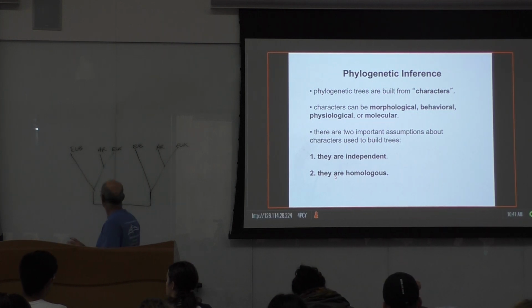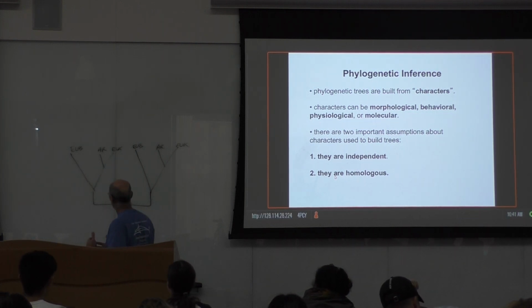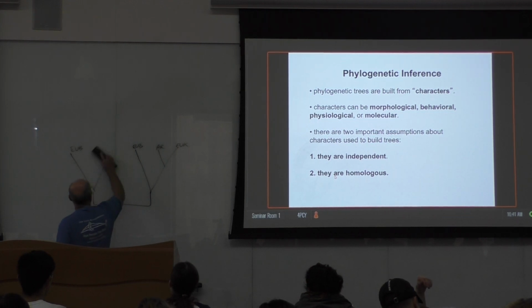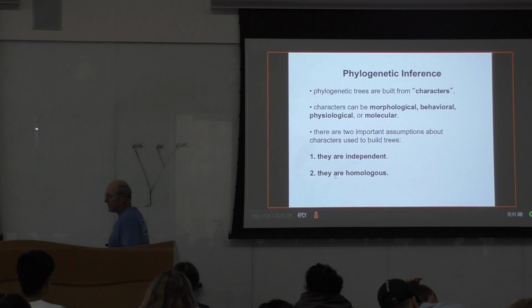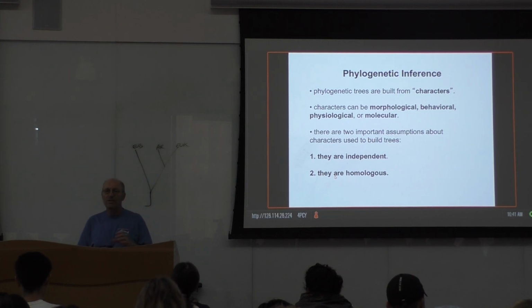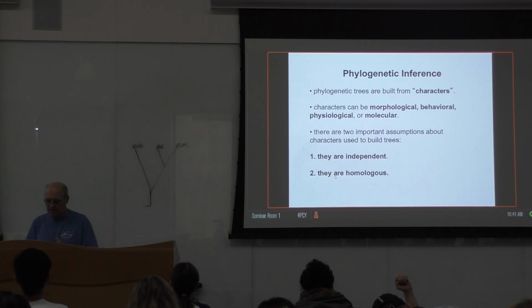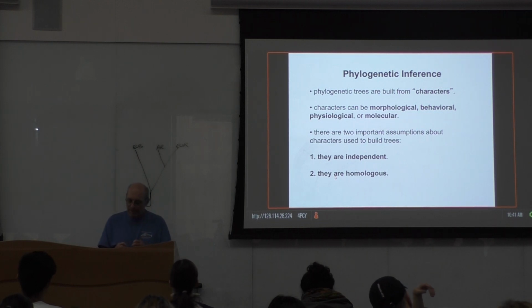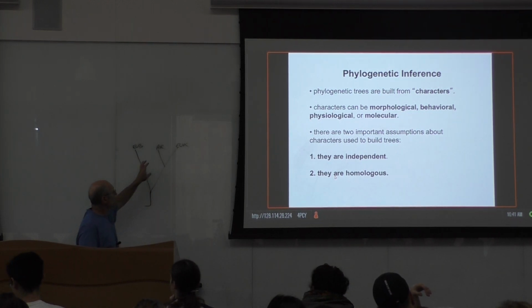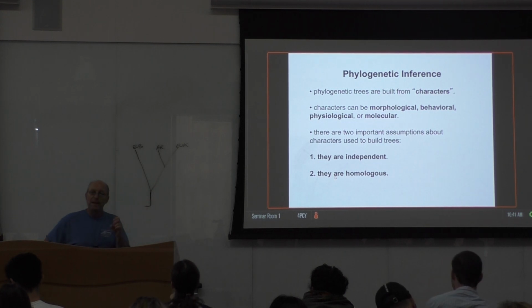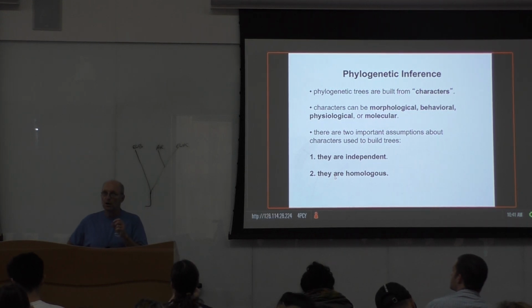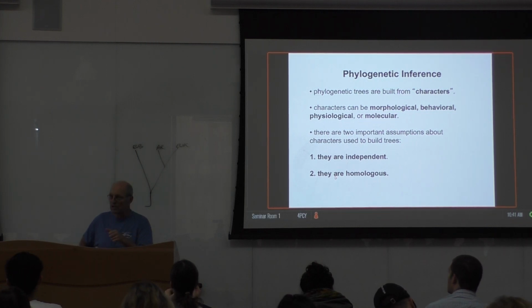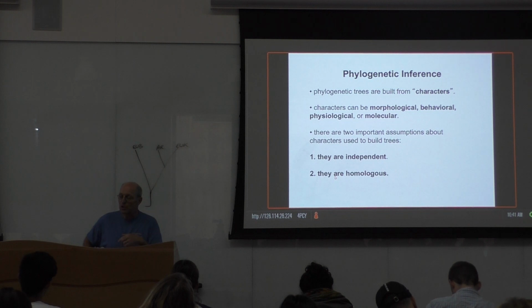let me give you an example that is so incredibly cool, I think. There are people that have studied frogs. I know very little about frogs, but this paper I thought was really interesting. So what they did is that they have species of frogs, and they made a phylogenetic tree of different types of frogs based on behavioral characters that are the songs that the males do to attract the females. And so the tree is not based on genetics or on morphological characters, it's based on behavioral characters, which are the songs.